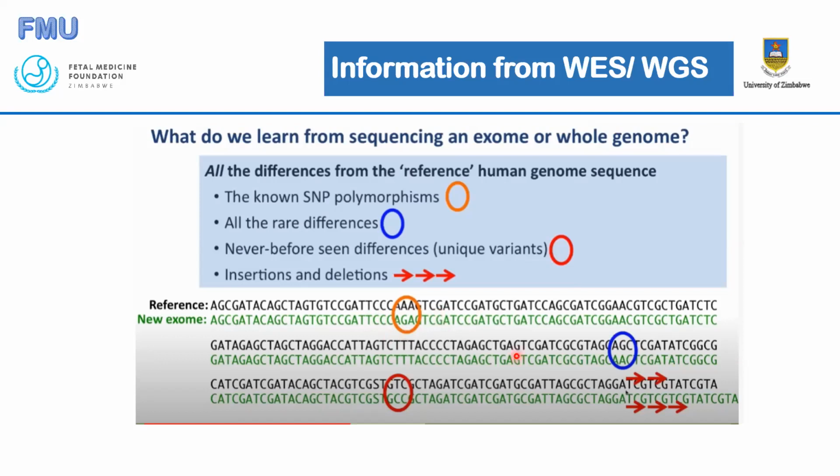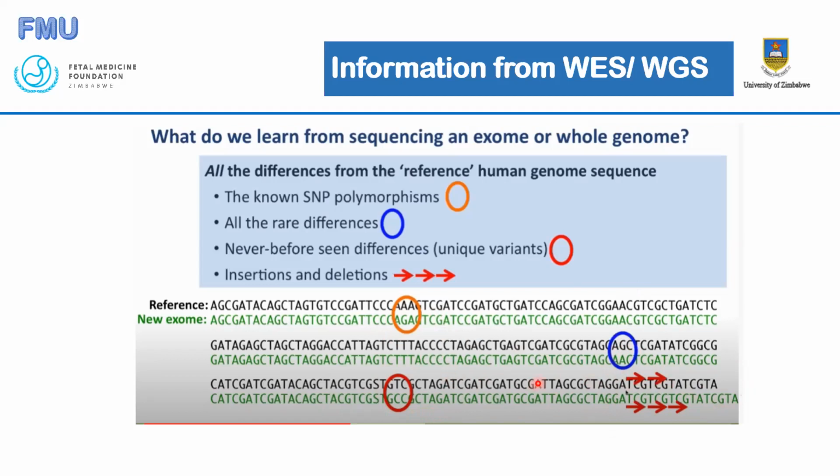The same here, we can see that instead of having an AGC, we now have an AAC, GTC, and we now have a GCC there. And we can also see a sort of duplication, which is happening at the level of the sequencing.